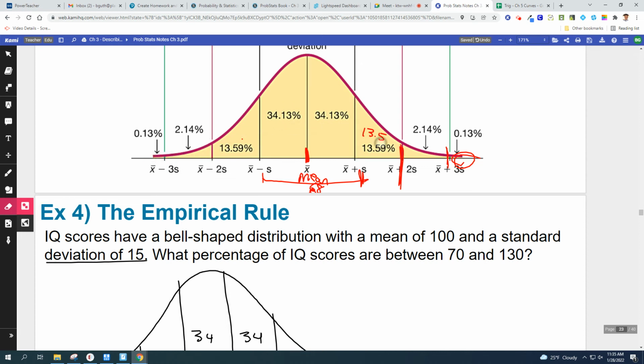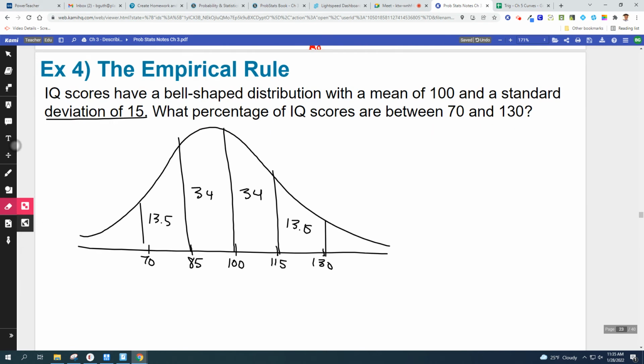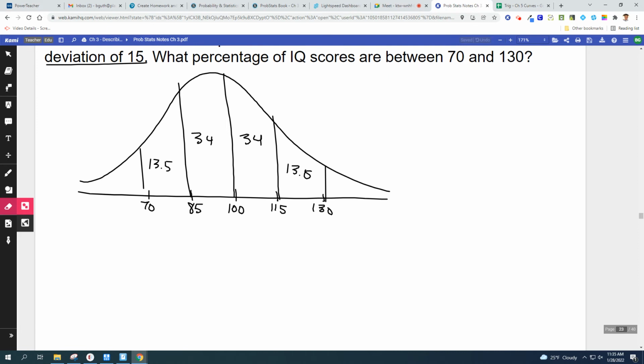I think it's easier to remember without rounding to the nearest hundredth. If you add those numbers up, we want to know what percent of the numbers are between 70 and 130. That's 95. The answer to this is 95% of the IQ scores are between 70 and 130.